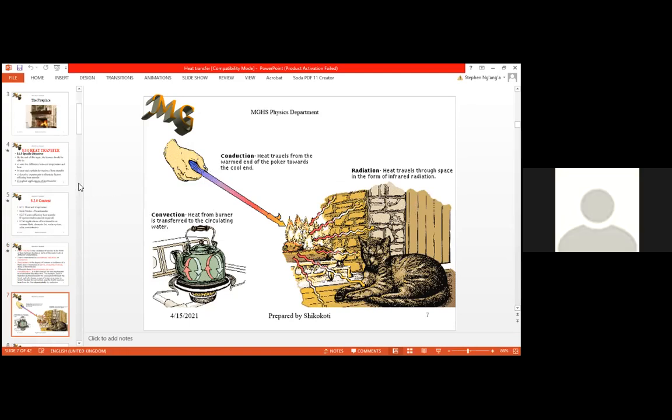So we have something showing three forms of heat: conduction, radiation, and the kettle showing conduction with convection.